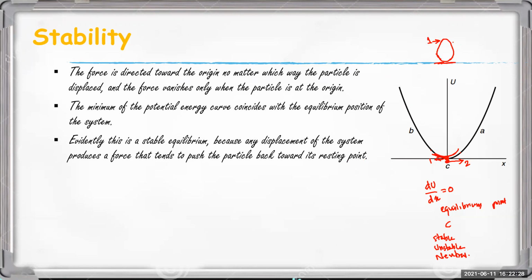In a similar way, if we displace it to this point, it will not return back to the original resting point. So it is an example of unstable equilibrium.